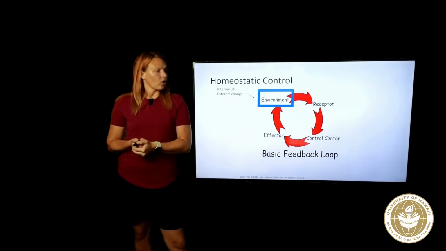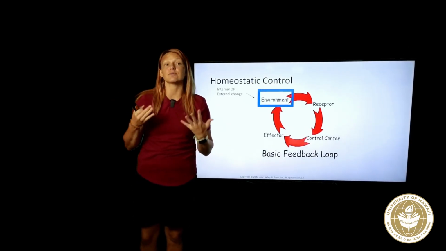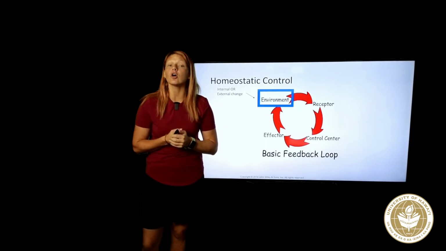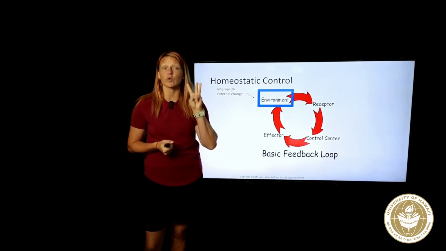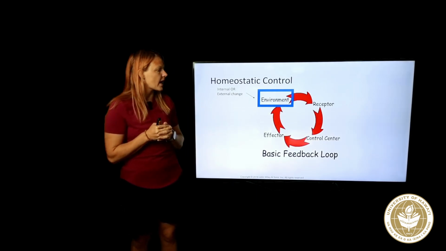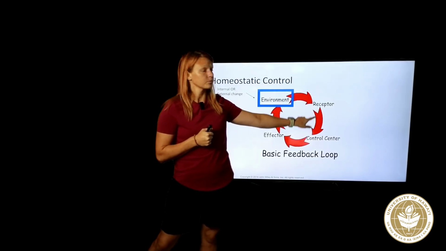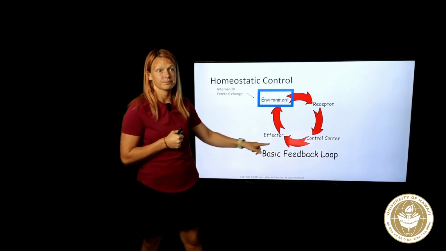The variable is going to be the factor or the event being regulated. So all homeostatic control of variables is going to involve 3 different components that work together to regulate the variable. And that is going to be the receptor, the control center, and the effector.